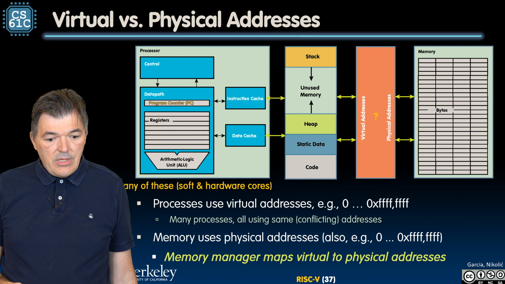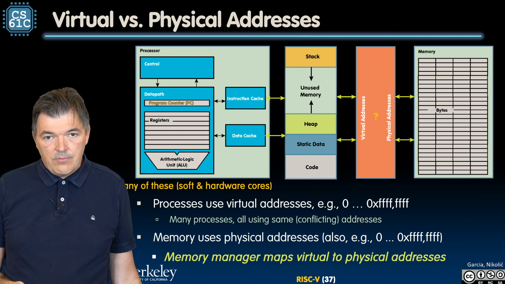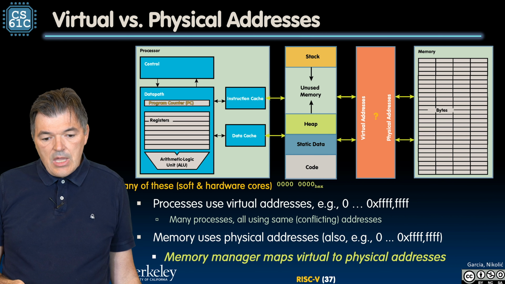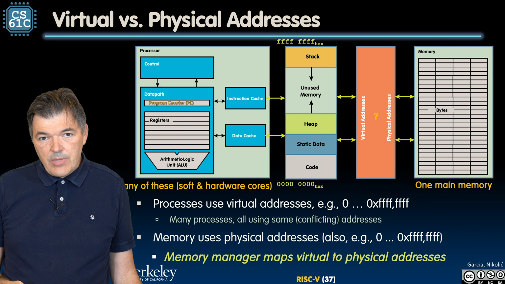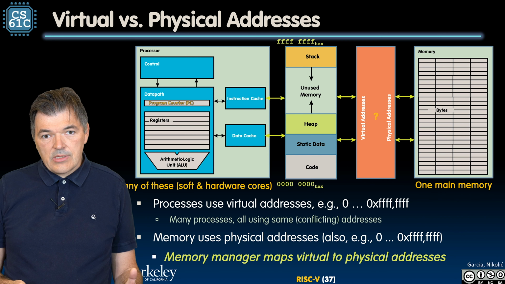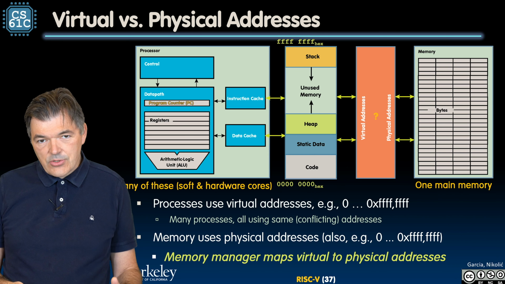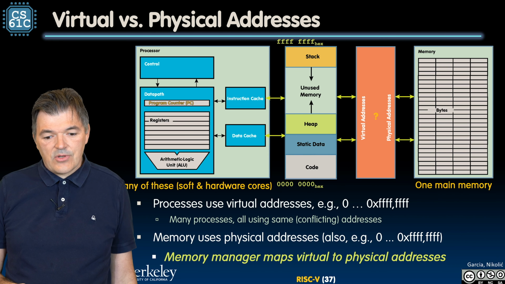So there will be many processes and many processor cores running independently, all running in the same virtual memory space, and then there will be one main memory where our operating system and our virtual memory system is going to help us translate them to.